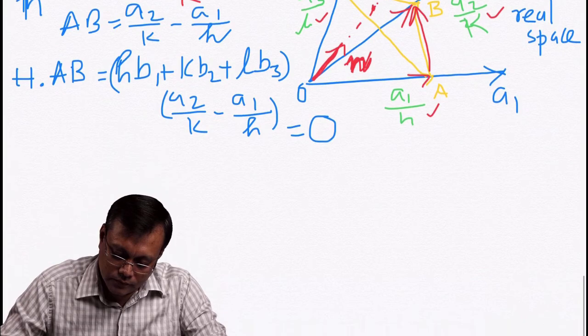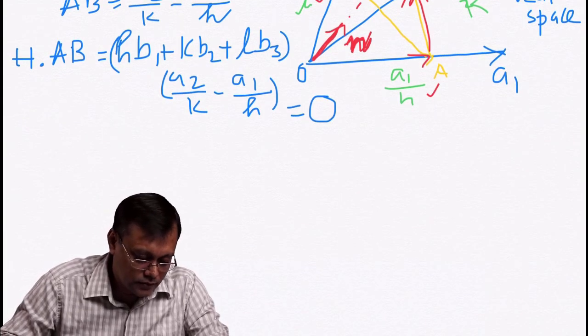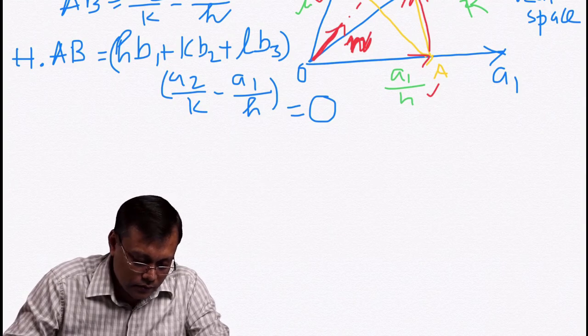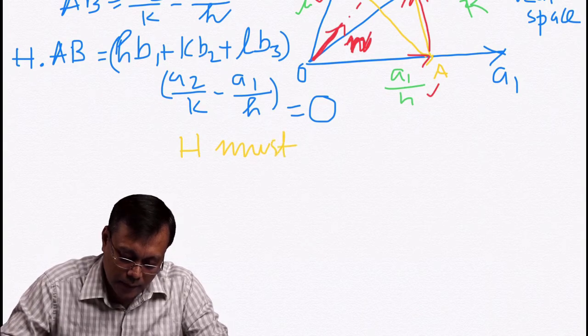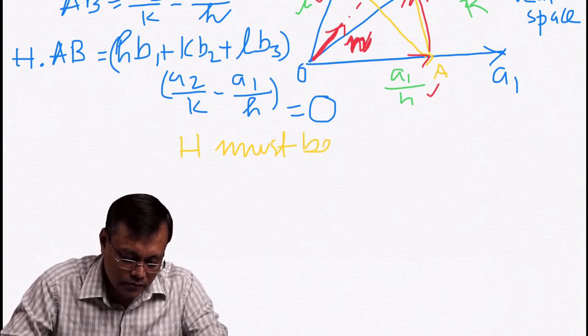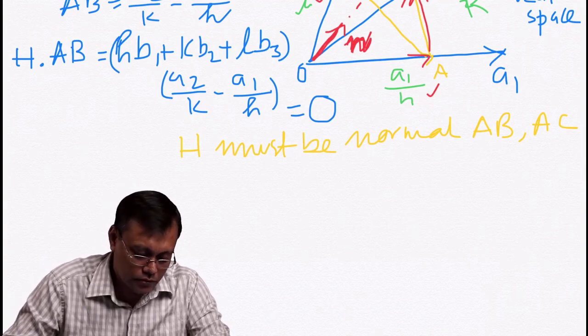Now further to continue this, please remember that the H direction, capital H, must be normal to AB and AC. That is for sure.